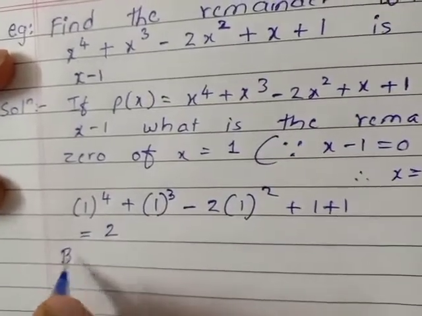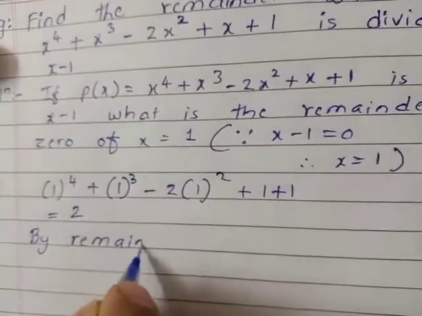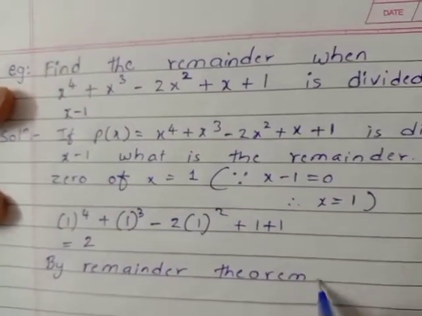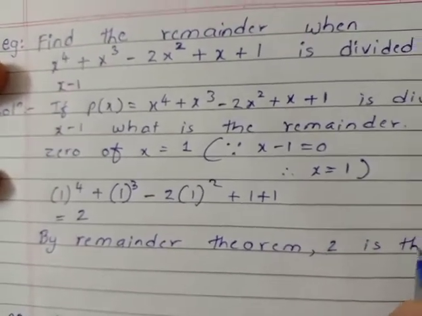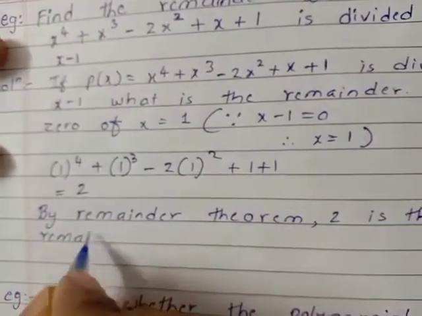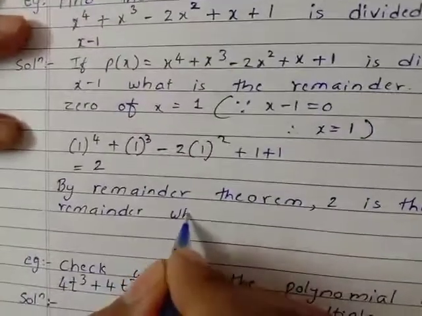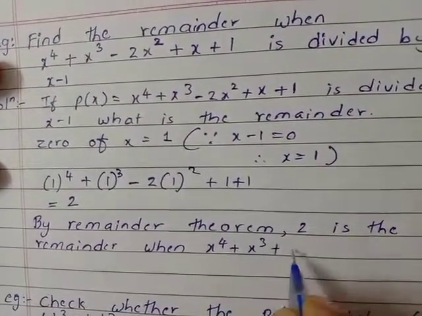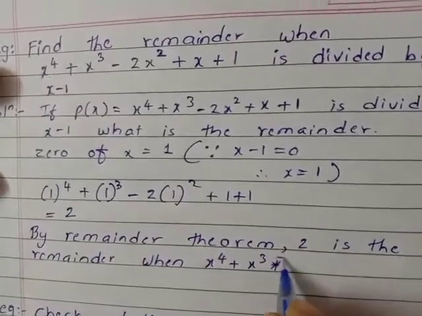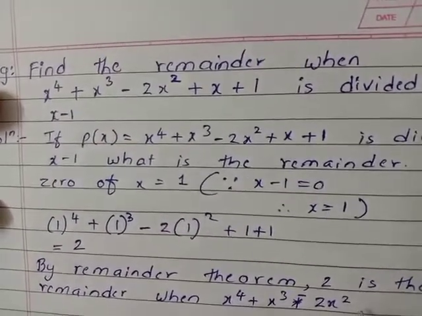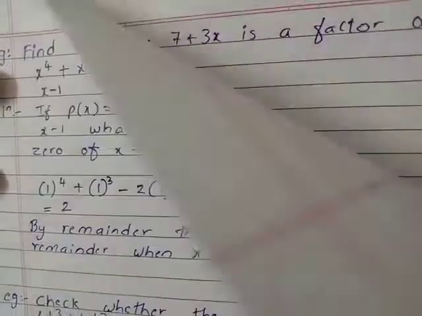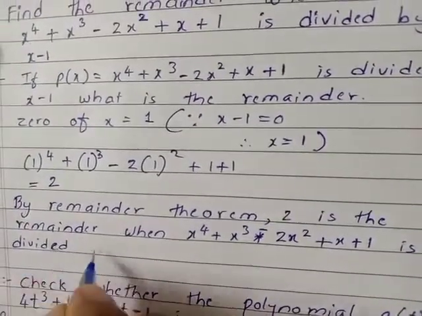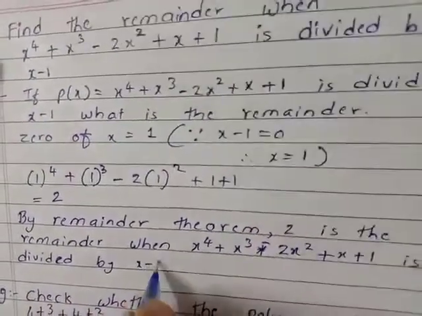So by remainder theorem, 2 is the remainder when x raised to 4 plus x raised to 3, sorry, it is minus 2x squared plus x plus 1 is divided by x minus 1.